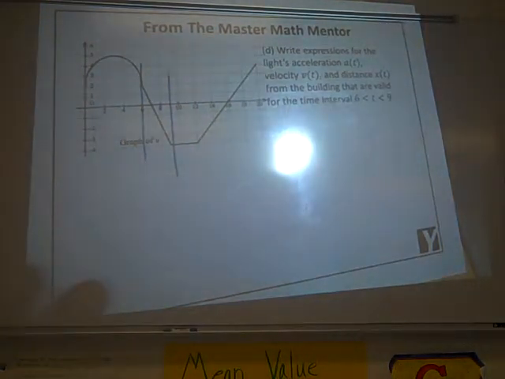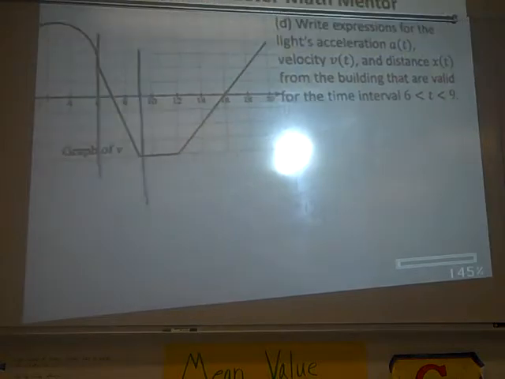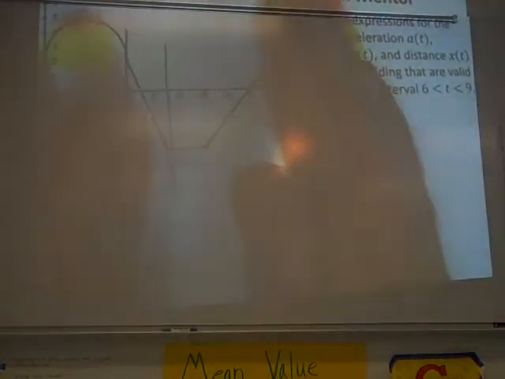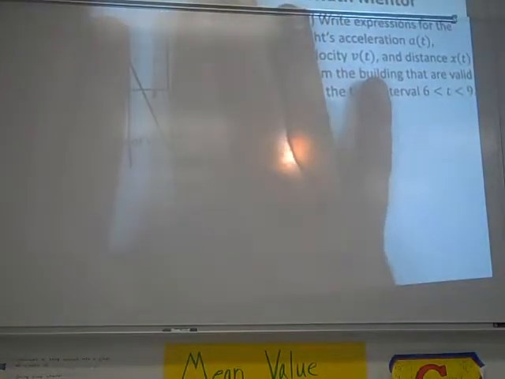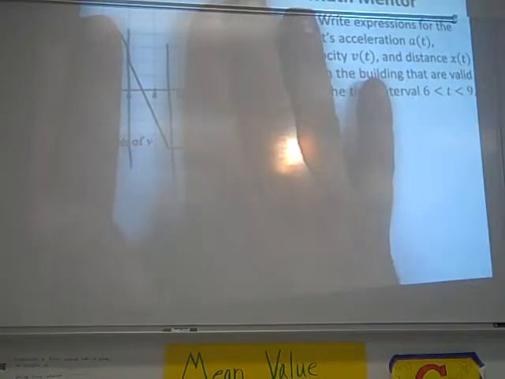So if I were to zoom in, or I kind of like to think of it as putting my blinders on, if I'm only interested in the part of the graph between 6 and 9, I need to come up with equations that represent the velocity on that interval, the acceleration on that interval, and also the position on that interval.